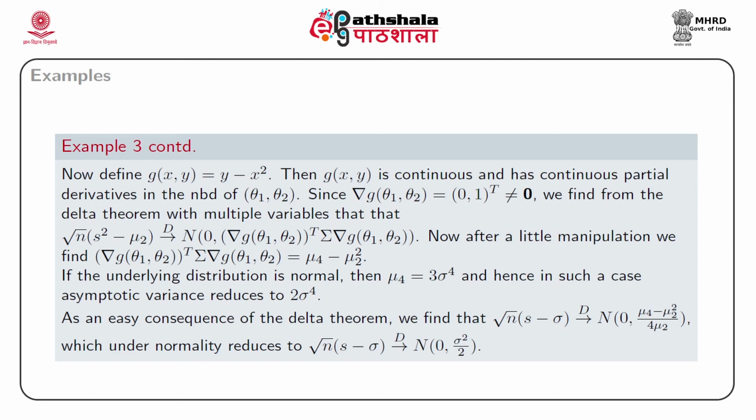Actually we have discussed large sample distribution of s square, and then s is a function of s square, and using our original delta theorem for univariate setup we get this distribution, and under normality we find that square root of n (s minus sigma) converges in distribution to a normal variable with mean 0 and variance sigma square by 2.